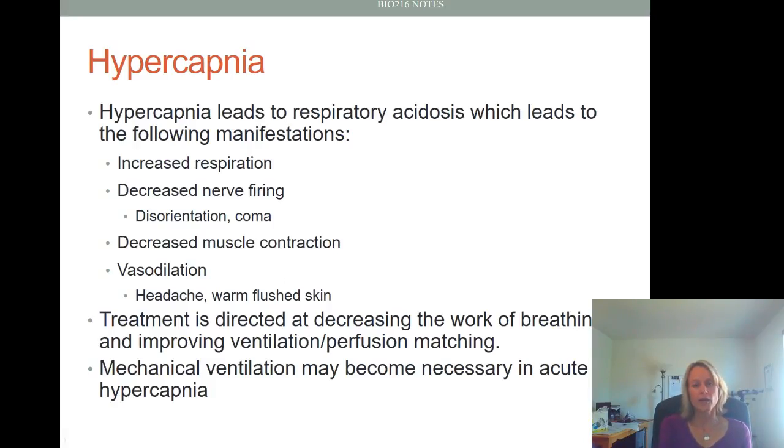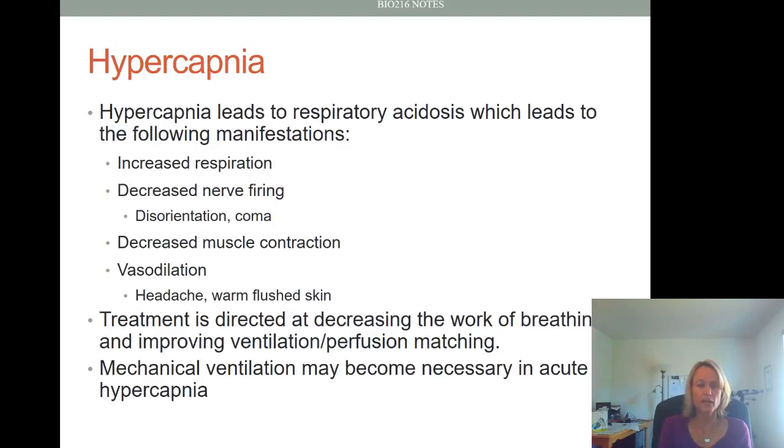So remember that hypercapnia causes respiratory acidosis, and that can lead to an increase in respiration if the lungs are able to compensate. Decreased nerve firing, which can lead to disorientation and coma. Decreased muscle contraction. Vasodilation, which is going to result in warm, flushed skin and headache.